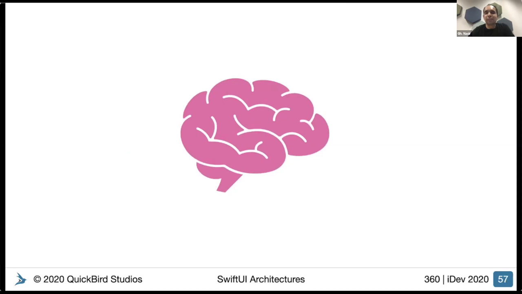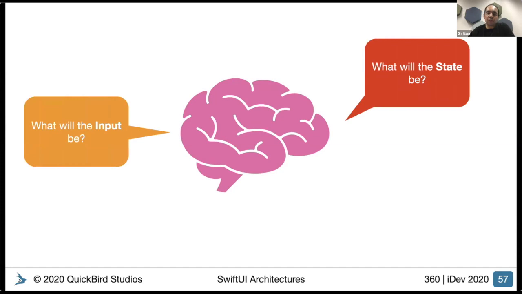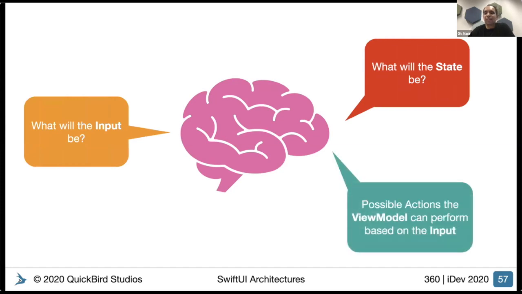And the third step is more important, that you need to think about. Since it's not Redux, you don't have one place where you throw in all the states. So you really need to think about what the state will be for this view model, and what the input or inputs will be, where the inputs are actions that the view model can perform on the state.